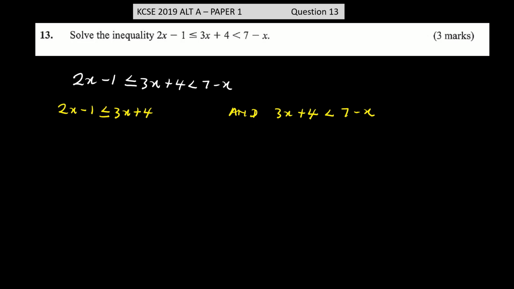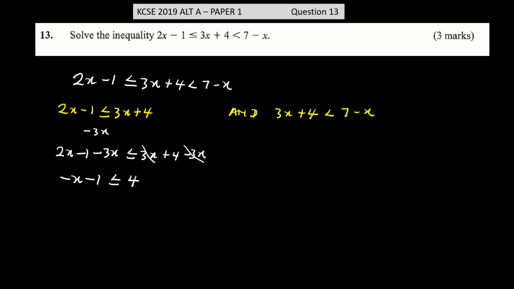To solve this, let's subtract 3x from both sides. We have 2x minus 1 minus 3x less than or equal to 3x plus 4 minus 3x. And here the 3x cancel each other. Here we have minus x minus 1 less than or equal to 4.